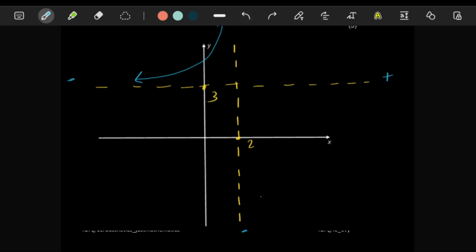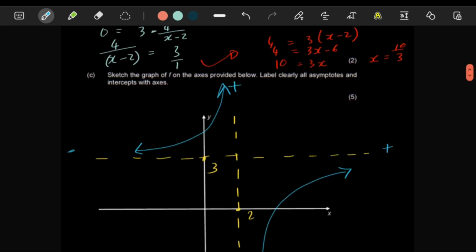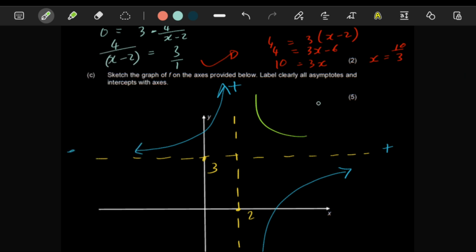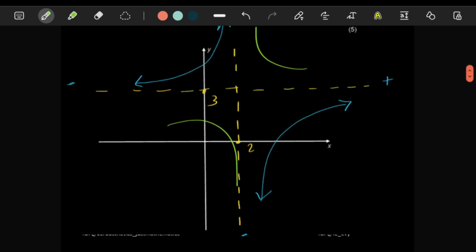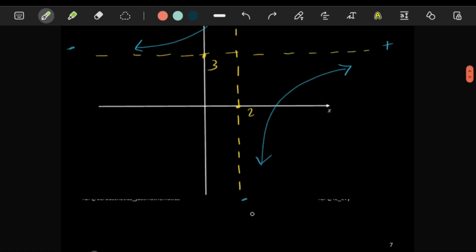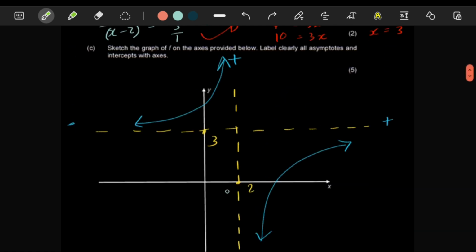Like this, where you have plus going to the right, minus going to the left. Because if your a value was a positive number, then you'd need to put your curve over there and over there, because plus up there, plus to the right, and then negative to the left, negative downwards. So negative and negative give you a plus, and positive and positive also give you a plus. Anyways, this is your shape.